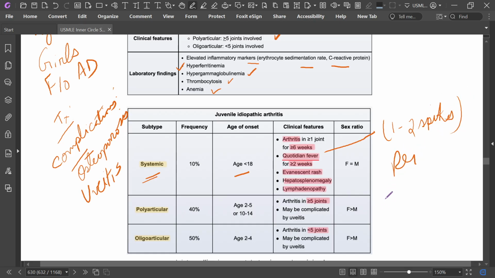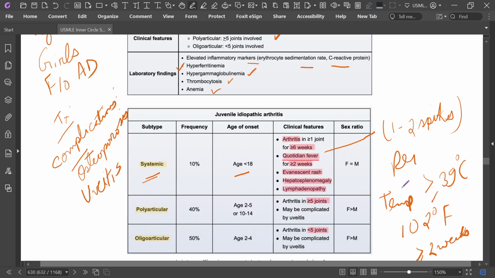In quotidian fever, temperature is more than 39 degrees Celsius or more than 102 degrees Fahrenheit, often in the evening, with 1 to 2 spikes per day for more than 2 weeks. They return to normal or below normal between spikes.